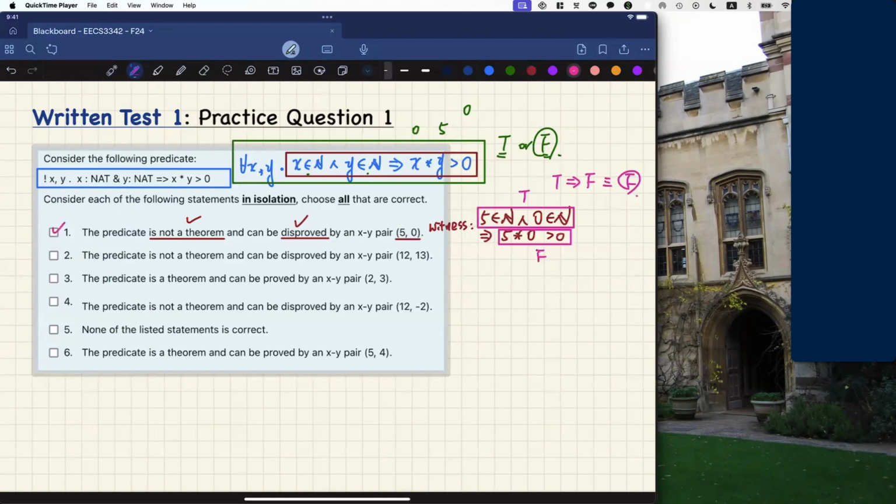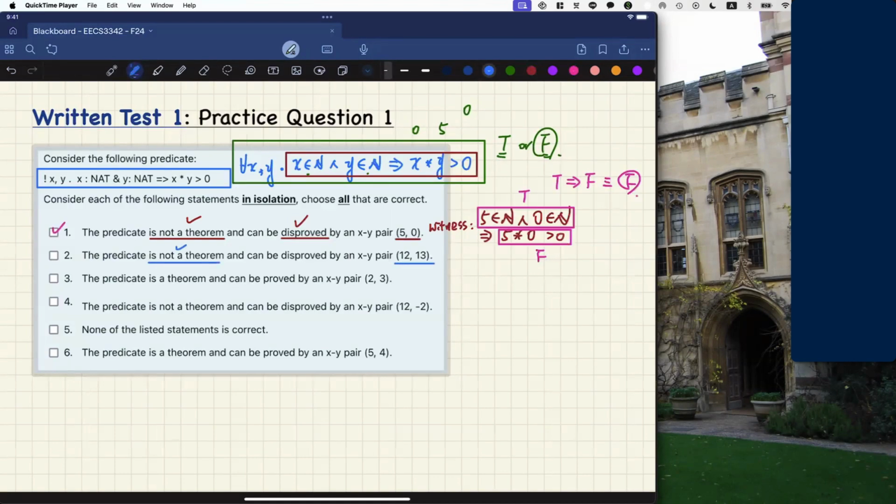If the answer is like a radio button, with only one answer, I think you're done. You should be confident enough to say, okay, that should be the answer. But since we've got boxes over here, you have to consider every one of them. Let's now look at the second one. It is not a theorem. This part over here also is good. And it can be disproved by 12, 13.